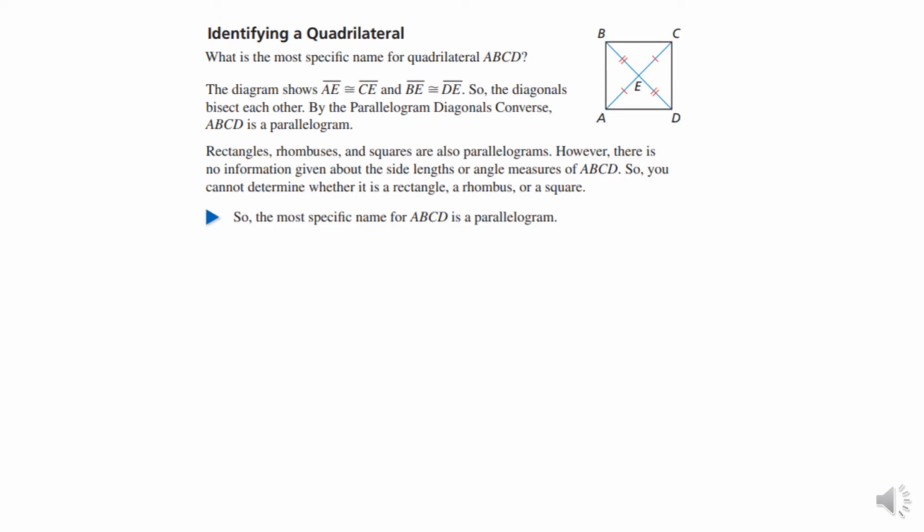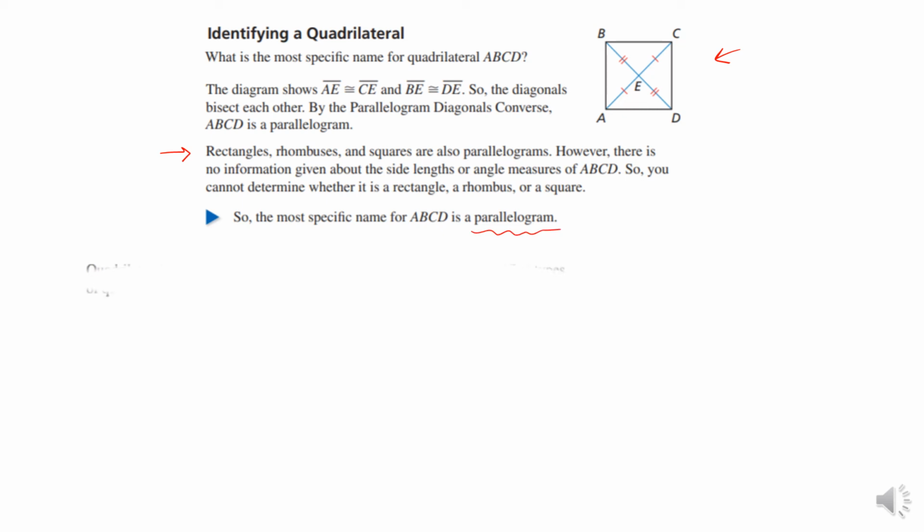What is the most specific name for quadrilateral ABCD? I see that the diagonals bisect each other. By the parallelogram diagonal converse, ABCD is a parallelogram. But there's no information on angles and no information on the sides, so the best I can say is that it's a parallelogram.